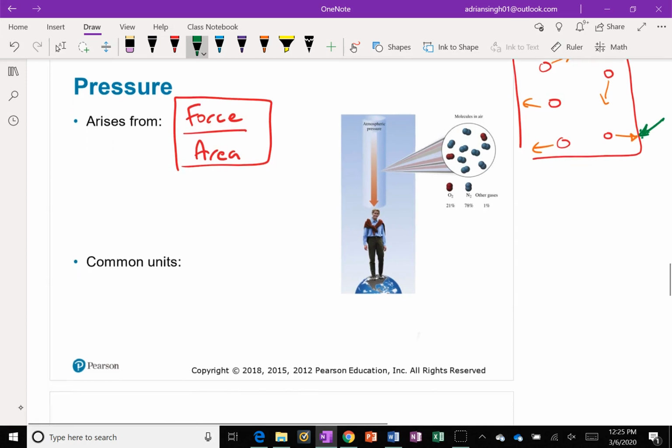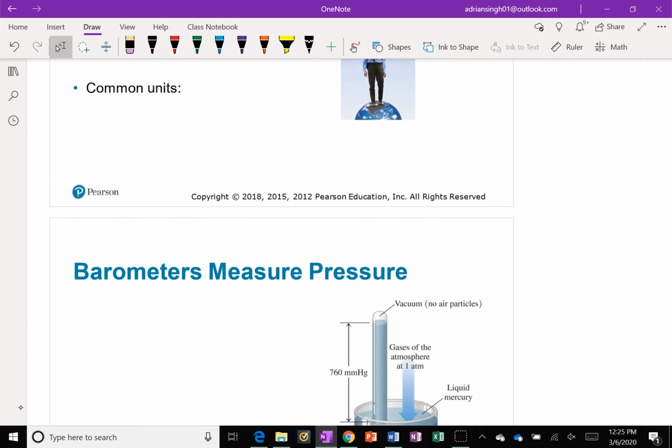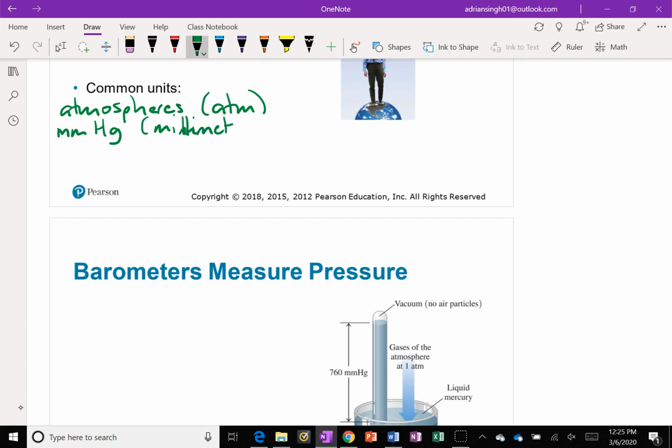which is what pressure actually is. The most common units that we're going to see for pressure in this class are atmospheres, which is abbreviated ATM. We're going to see mmHg, which stands for millimeters of mercury.